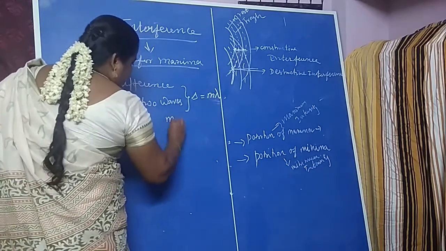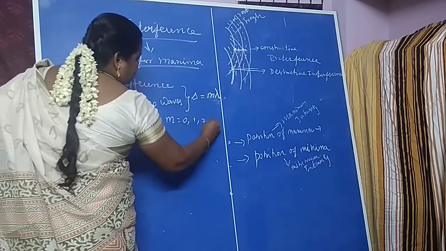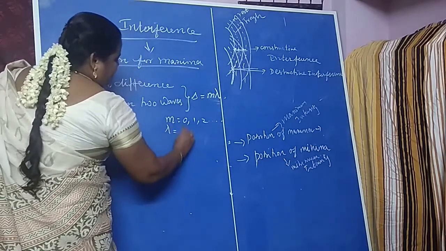Here m is a number that takes the values 1, 2 and so on. Lambda is the wavelength.